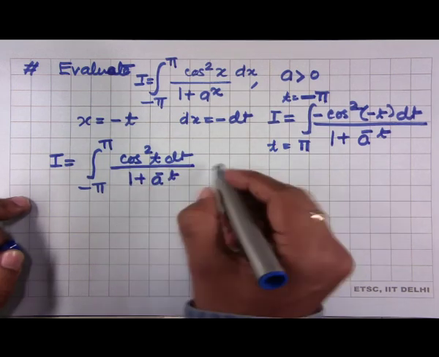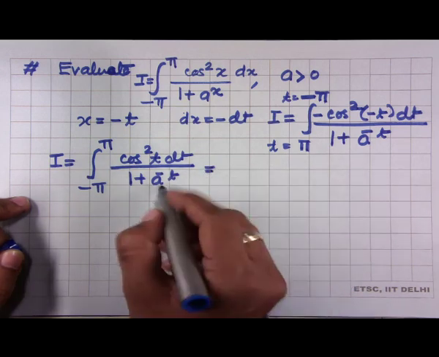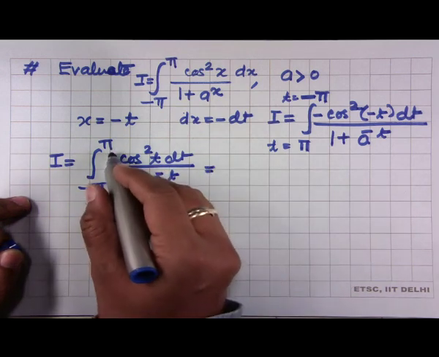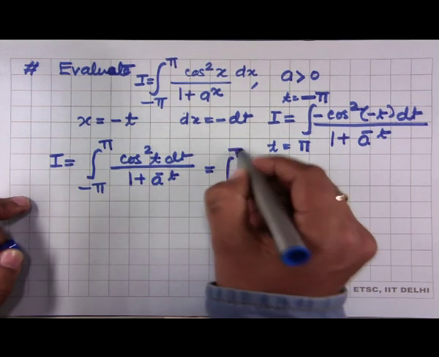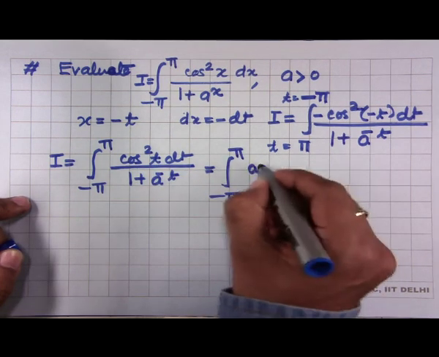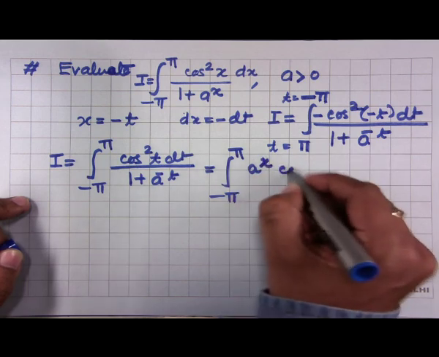Since t is a dummy variable, let us multiply by a power t in numerator and denominator, so you get the integral from minus pi to pi, and change the variable t to x because it is dummy, so I can write it like this.